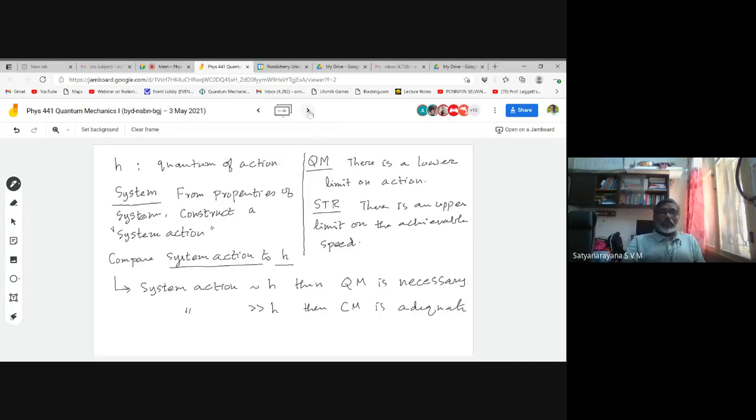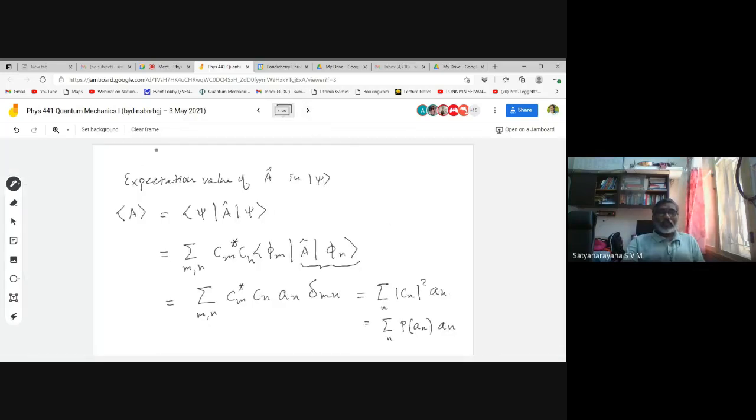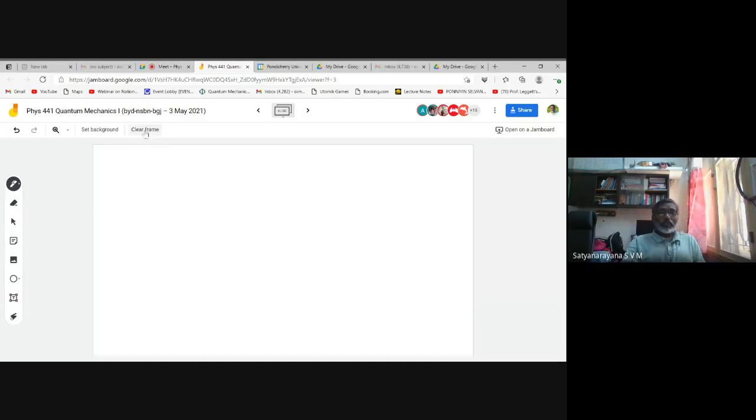Now, let me illustrate what this system action is with an example. Let us consider a laboratory simple pendulum, whatever experiment you have. Do we do quantum mechanics for this? We don't. So let's ask the question, why?